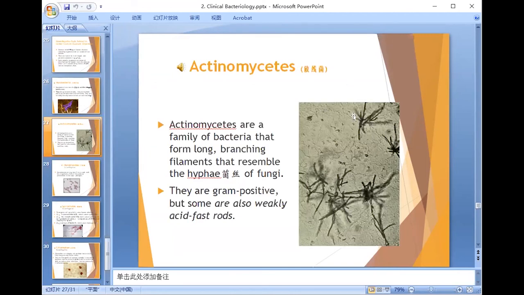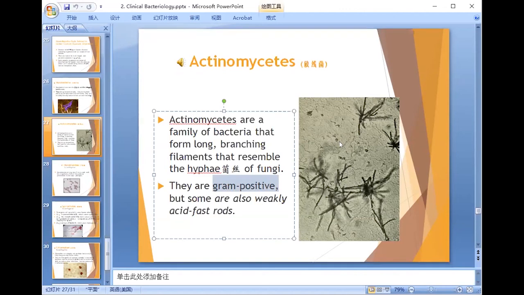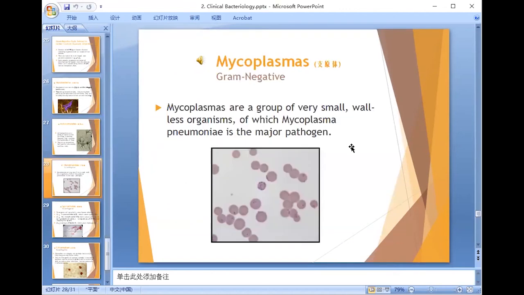So we have some of them there. And another small category, like you can see in the picture shape there, still similar to that one. They still belong to gram-positive, but don't easily take the gram stain.